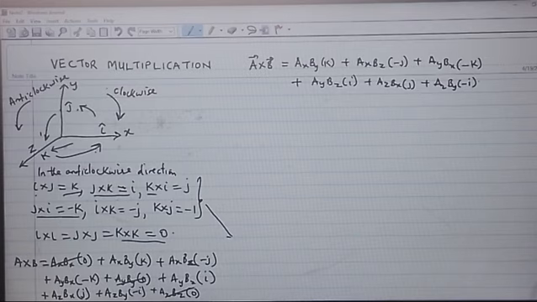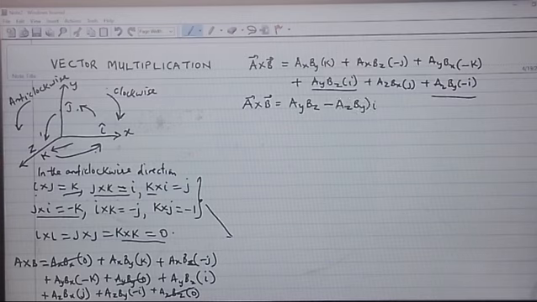So we bring all the unit vectors to one bracket. We have I, AYBZ I, AZBY minus I. So we can then say AYBZ minus, since we have a negative sign here, AZBY.